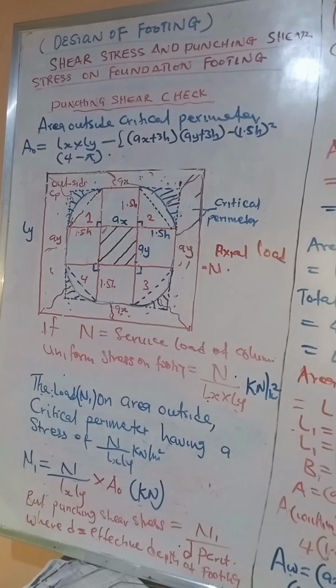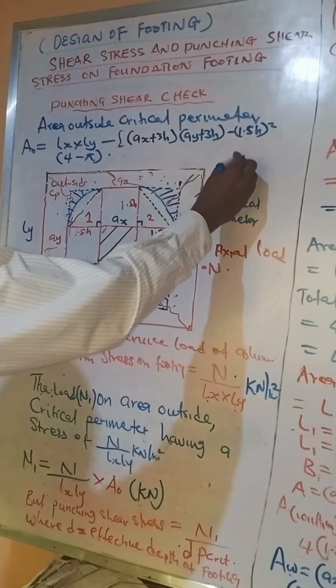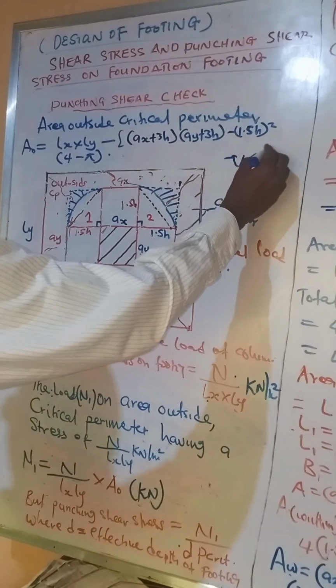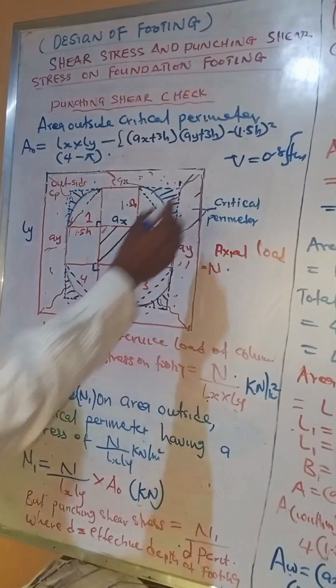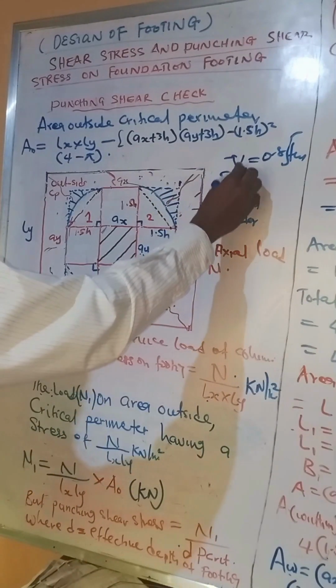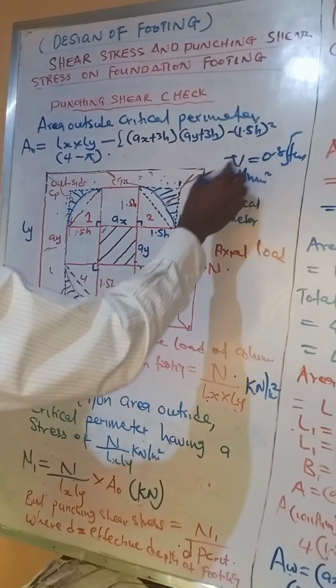Having gotten the punching shear stress, we need to check with our code the maximum allowable shear stress. You check from your code if this punching shear stress is lesser than the maximum allowable shear stress. According to BS 8110, the shear stress for the section should be 0.8 square root of FCU, or 5 Newton per millimeter squared, whichever is lesser.